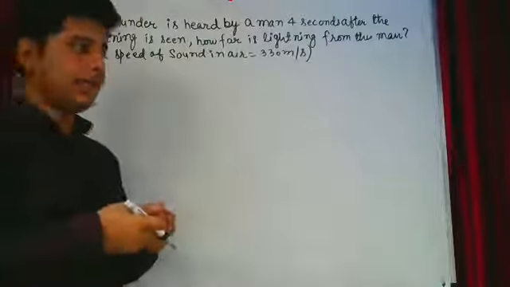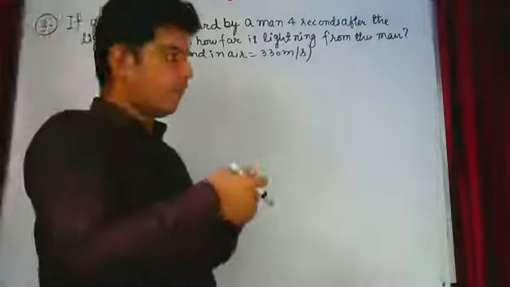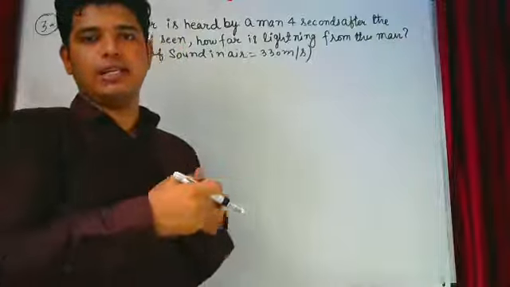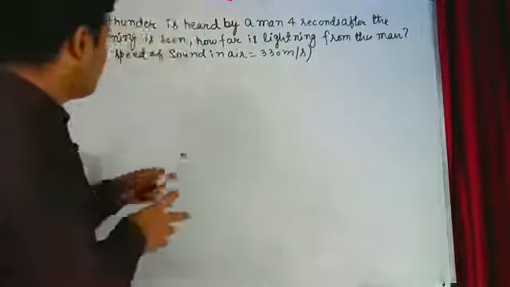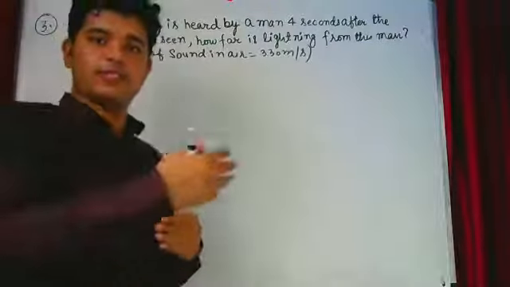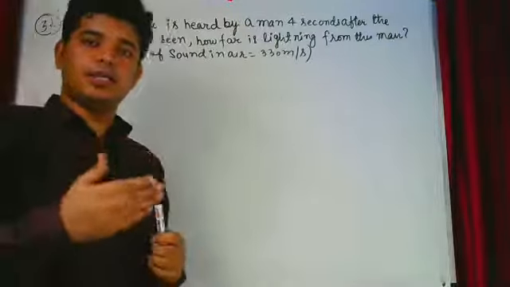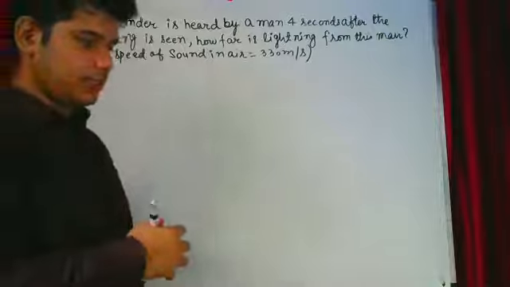So when lightning happens, light will reach this man in very quick time, almost negligible time, but sound will take time to reach this man. The speed of sound is given as 330 meters per second. So we have to find the distance.